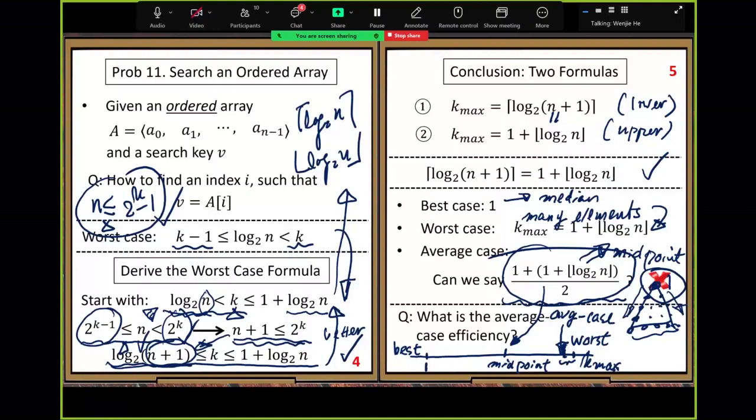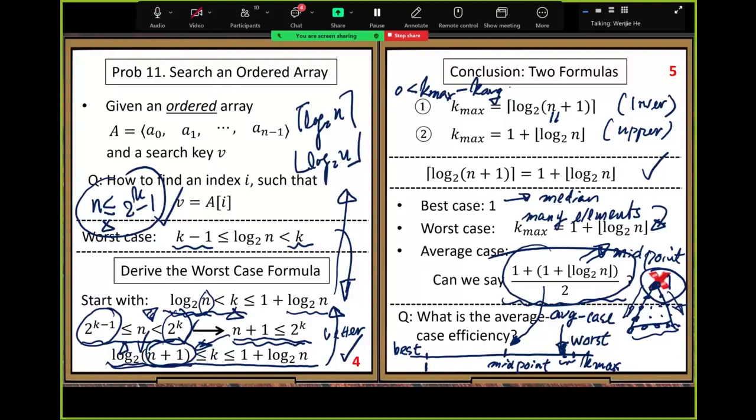Let me give you the idea about that small difference. How small is that difference? The difference is less than 1. If I use number of comparisons, I write a simple inequality: 0 is less than K max, the worst case, minus K AVG, the average.